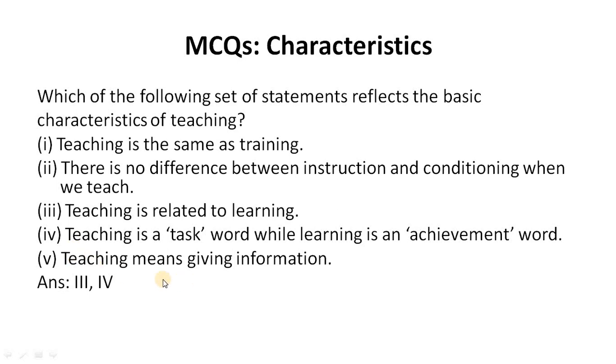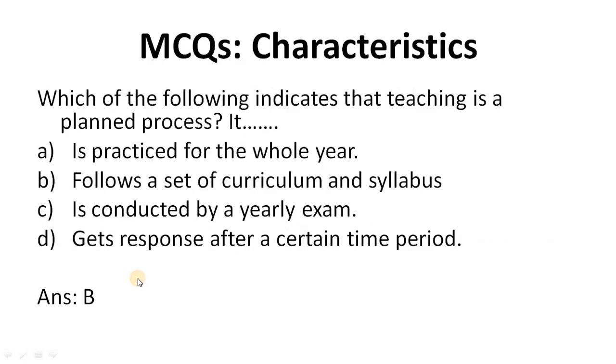And teaching means giving information. Teaching does not mean giving information only. Teaching can also include giving information, but teaching does not mean only giving information. So obviously option C and D will be the correct ones.